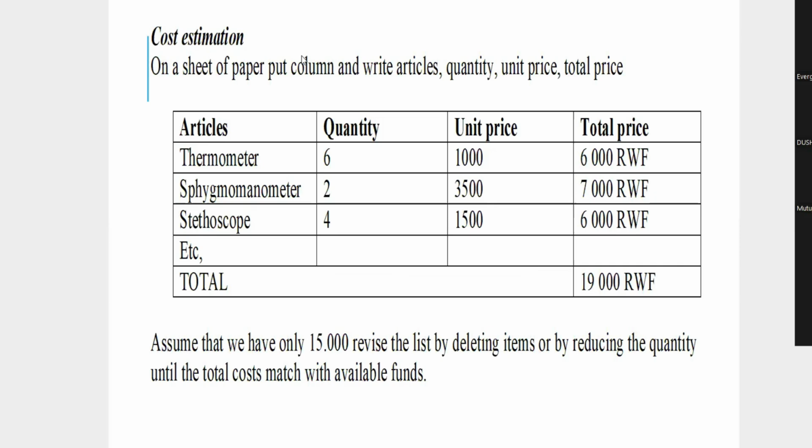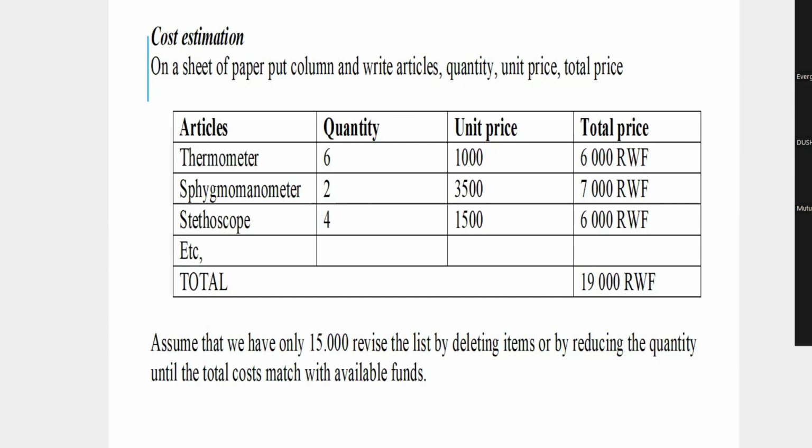So for cost estimation, on a sheet of paper, you put a column and write articles. An article is an equipment, material, or anything needed. Then add columns for the quantity, unit price, and total price.